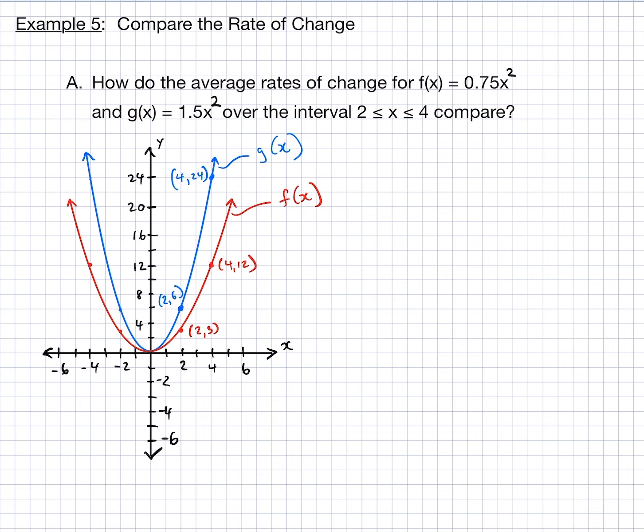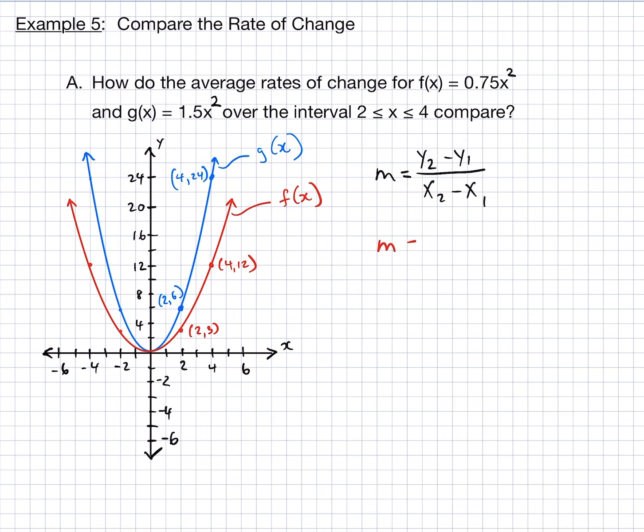Now the rate of change, m, let me do this in a different color, m, which is our slope, which is also the same as the rate of change, is calculated as y2 minus y1 over x2 minus x1. So let's take a look at what the slope of f of x is.